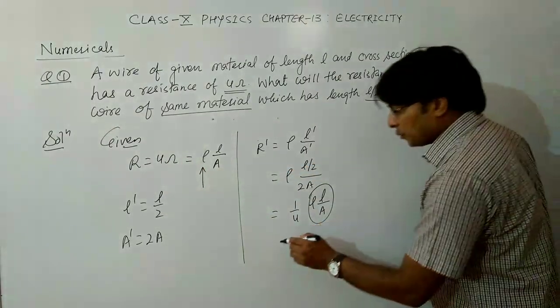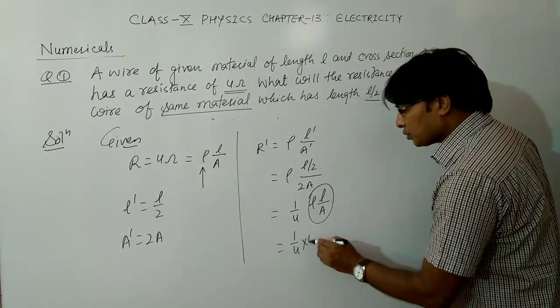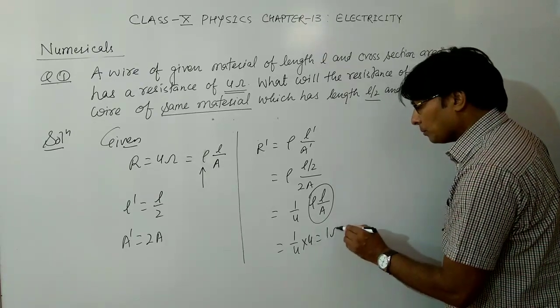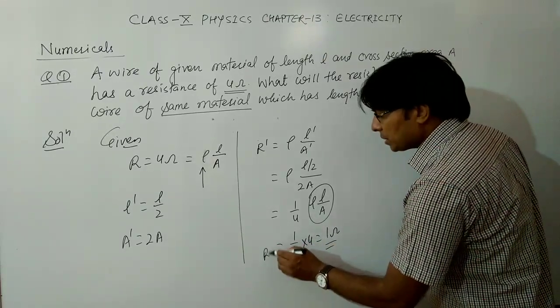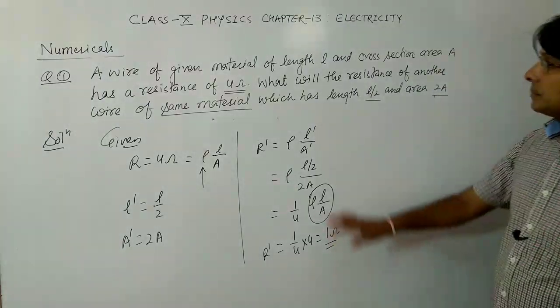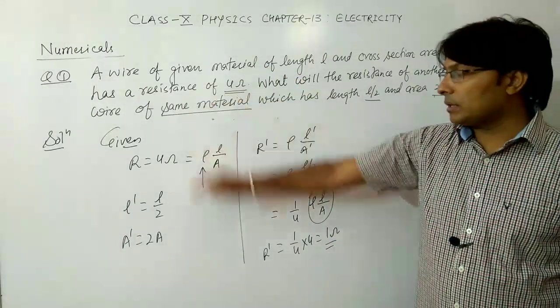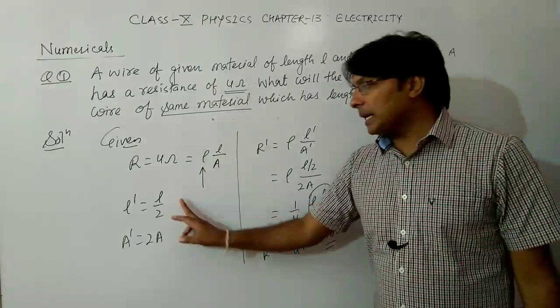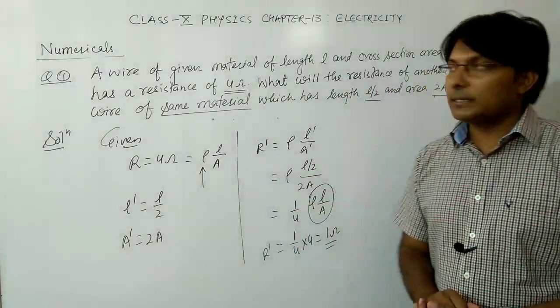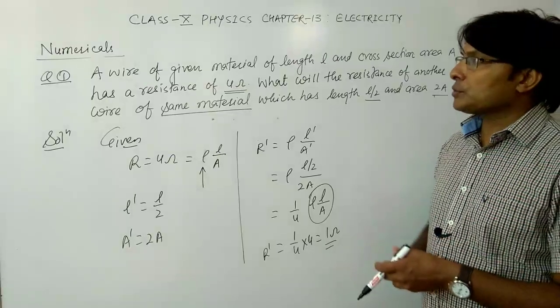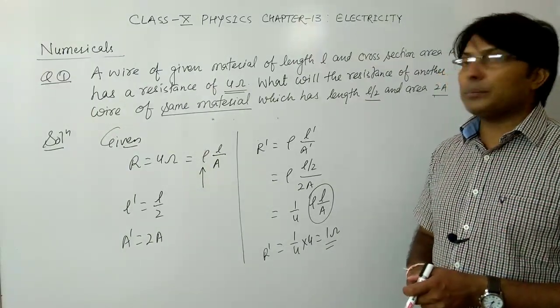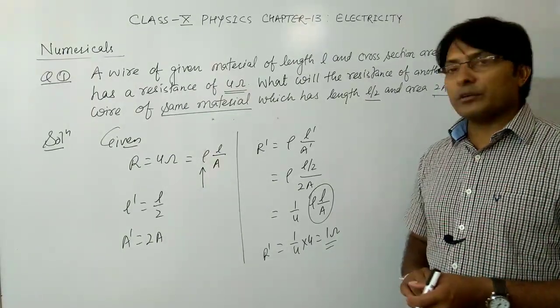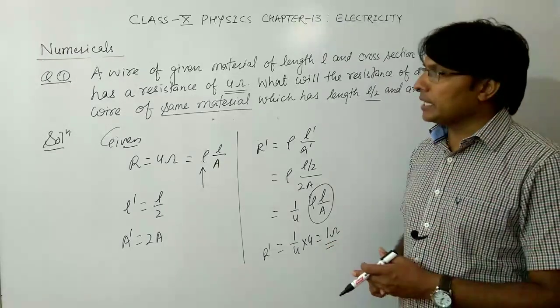So we put this value here, and it comes out to be 1 ohm. So the new resistance of the wire having half length and double the area will be 1 ohm. This is the very first question, an example from NCERT. Now we are going to practice the next question.